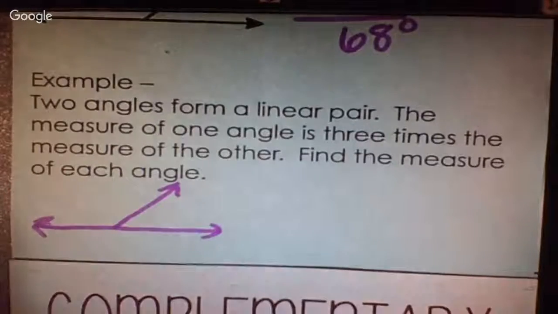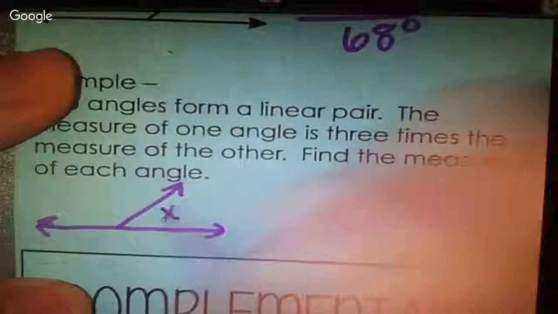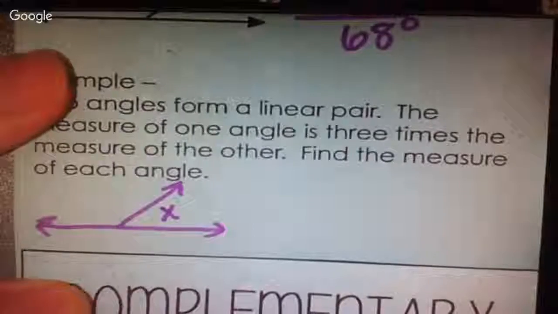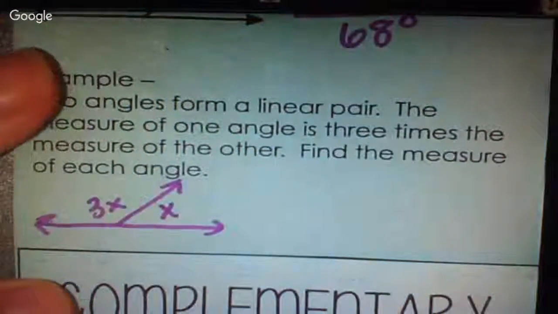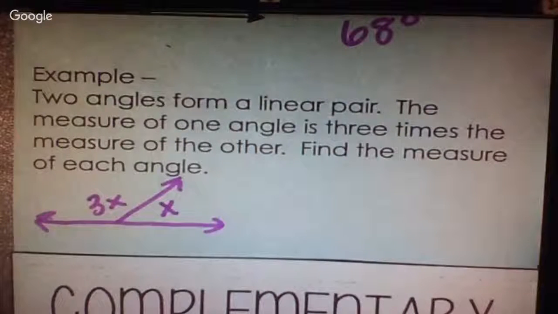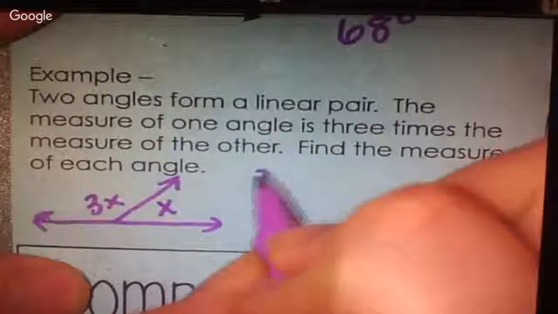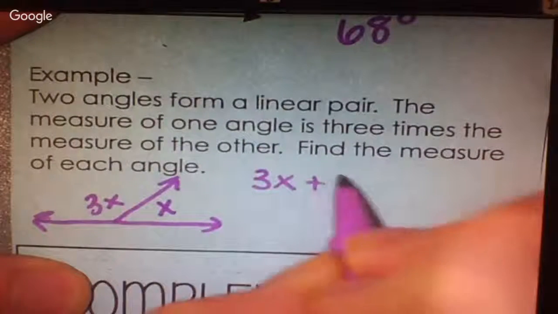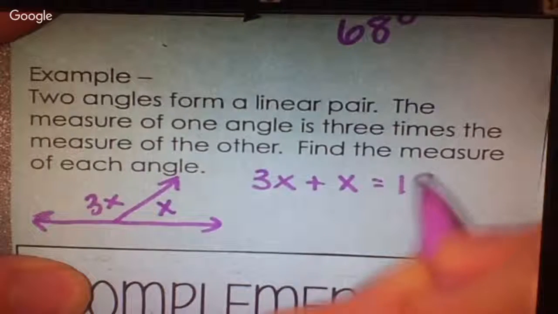So if one of these angles is X, what's the other angle? 3X. We know because these are a linear pair that when I put them together, they should equal 180. So that means I can do 3X plus X equals 180.